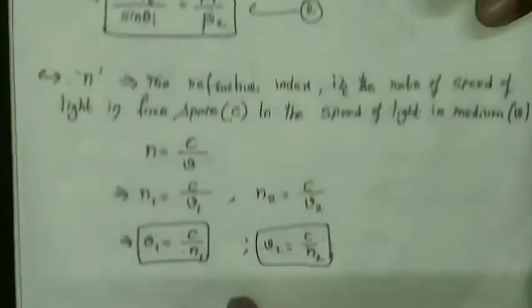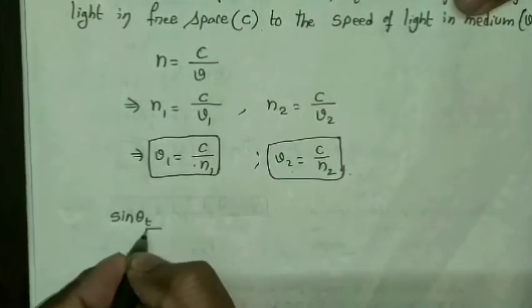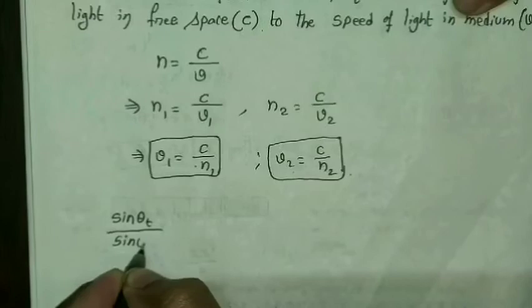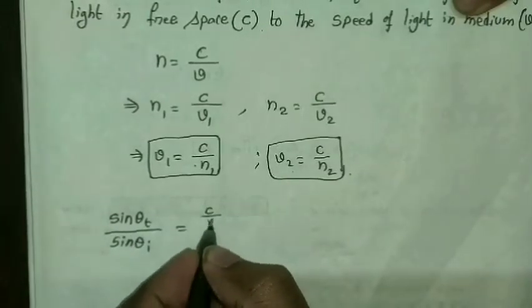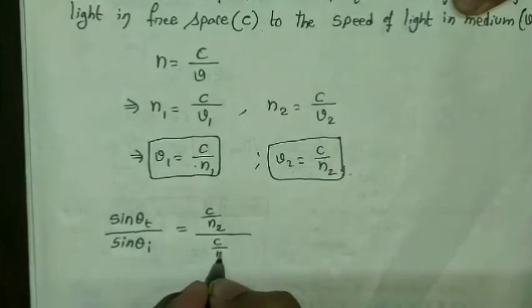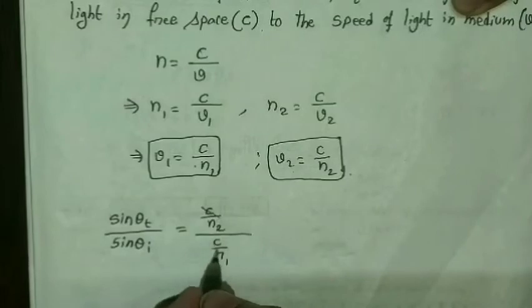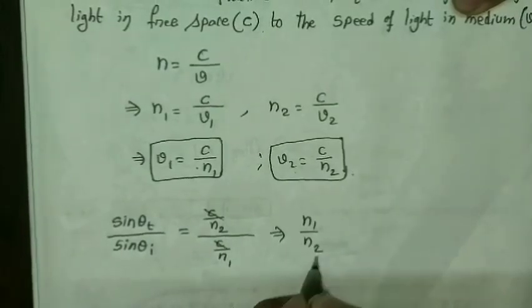This gives you sin θt divided by sin θi equals, what is the value of v2? v2 is given by c by n2 divided by v1, which is c by n1. Here c gets cancelled off, and the resulting expression gives you n1 by n2.